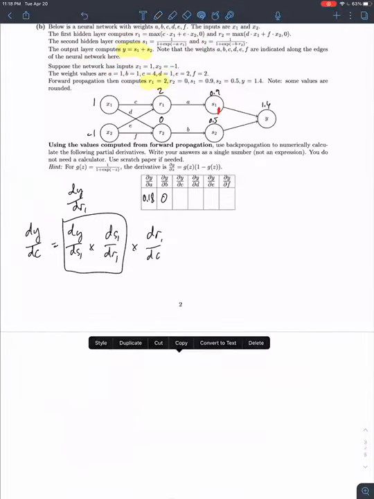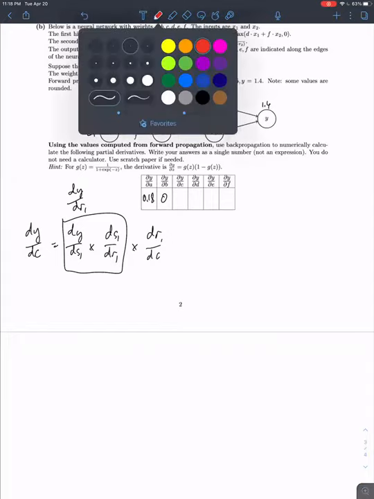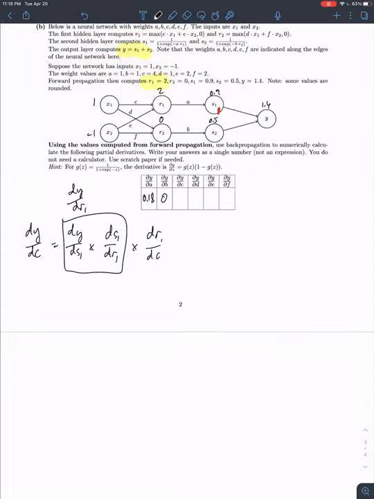Back to the present. We're calculating dy dc, so we're computing dy dr1. dy dr1 is dy ds1, which is 1, times ds1 dr1. Remember s1 is the sigmoid function of r1 times a.